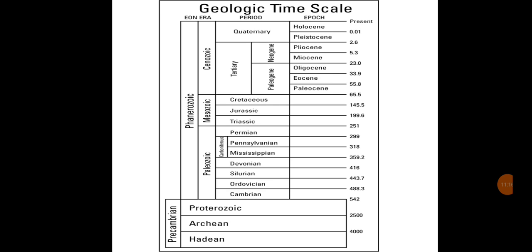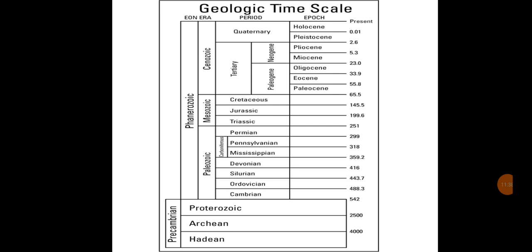The geological time scale consists of the eras, periods, epochs, and plant life as well as animal life. First the Azoic era, then Archaeozoic era, Proterozoic era, Paleozoic era, Mesozoic era and Cenozoic era.